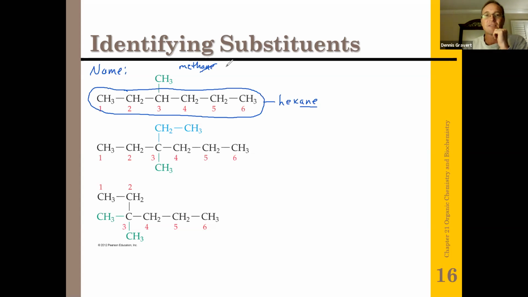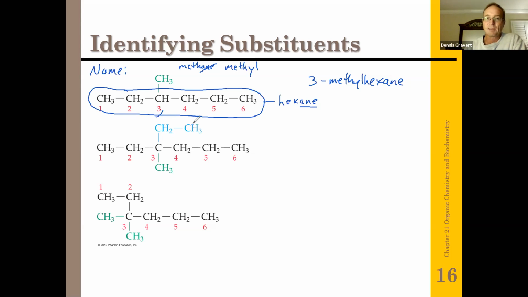You cross that off and you add YL. So methane, lose the ane and add YL. And off of carbon 3 is the methyl group. So then the name is 3-methylhexane. So separate the number from a letter with a dash or hyphen. Methyl and hexane doesn't get separated, just cram it all together.